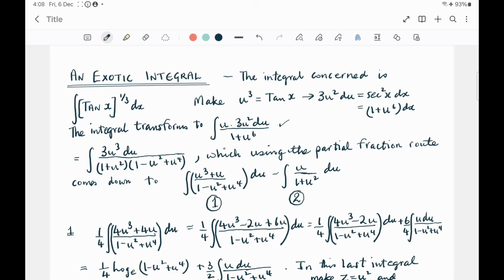the first one being the integral of u cubed plus u over 1 minus u squared plus u to the 4th, and the second one is minus u over 1 plus u squared du.